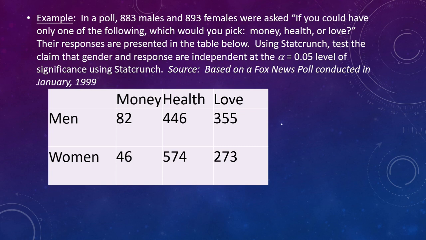Based on Fox News poll conducted in January 1999. Now I know this is chi-square for independence test because it mentions the phrase independence, and the two factors are gender and response. So that's going to allow me to state my null and alternative hypothesis.